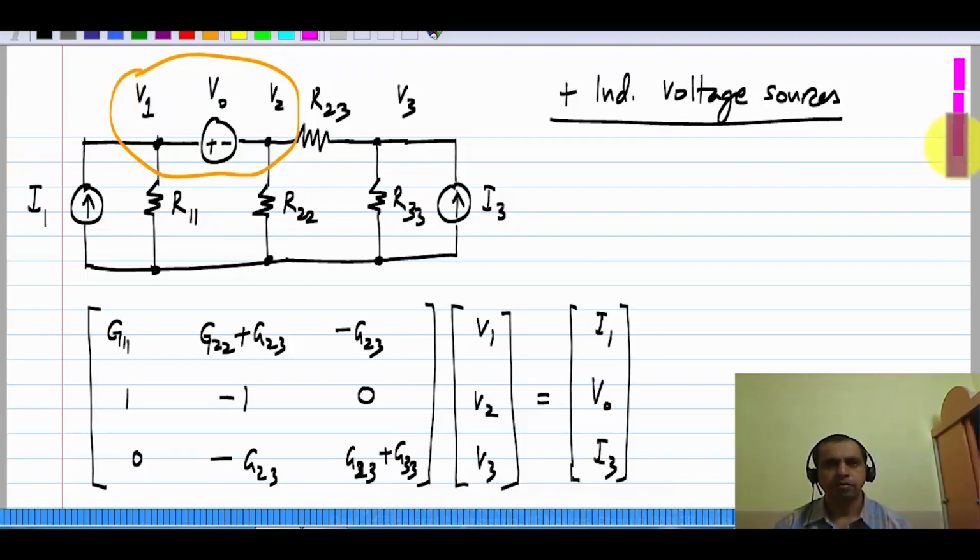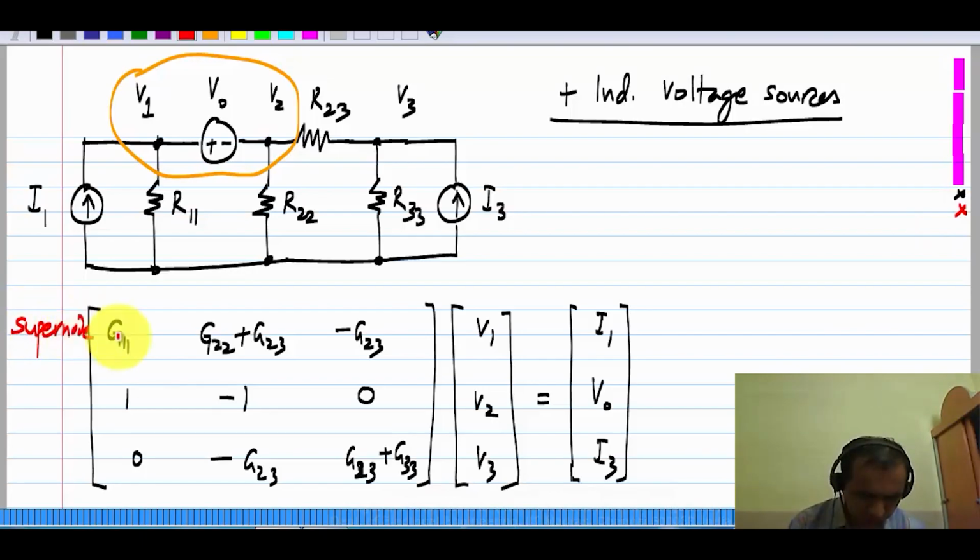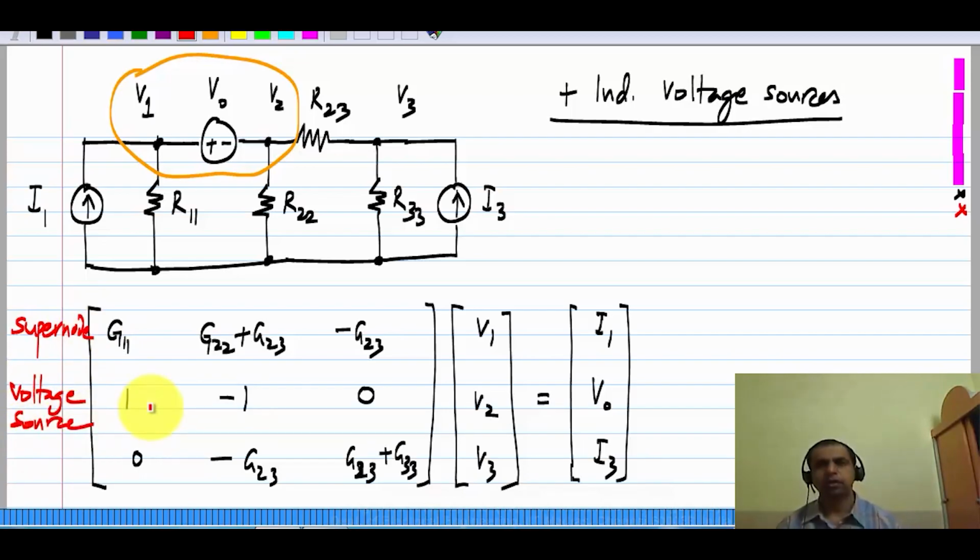Okay, we have lost one of the equations when we formed the super node, but we have the constraint of the voltage source, so we still have three equations in three variables, and we can solve for the node voltages. The first one is for the super node, the second one is for the voltage source.